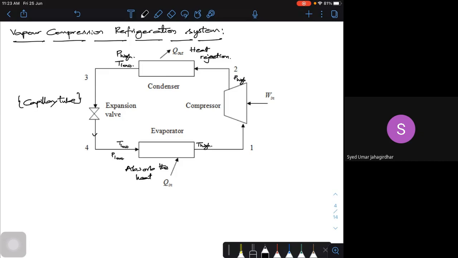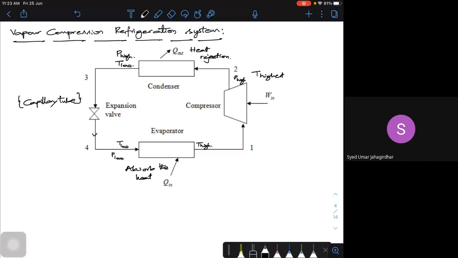With that low pressure and higher temperature, the refrigerant enters the compressor, where it is compressed to a high pressure and high temperature. After compression, my temperature will be the highest possible temperature.